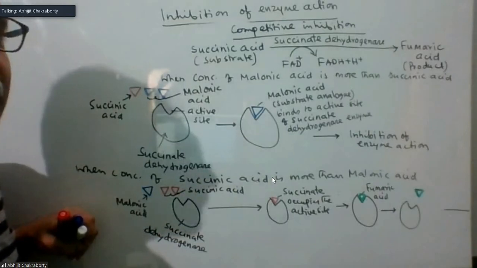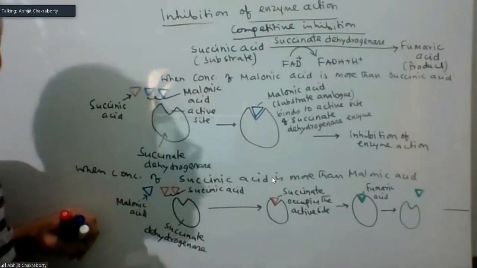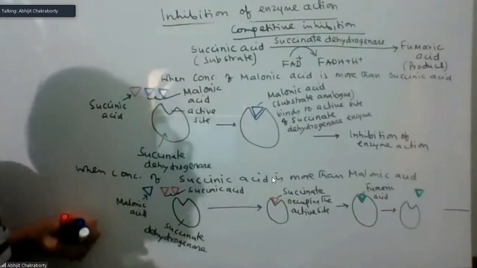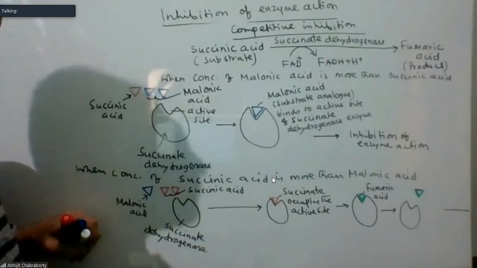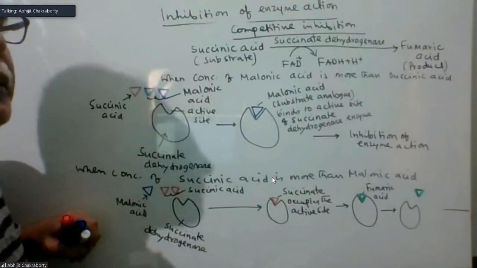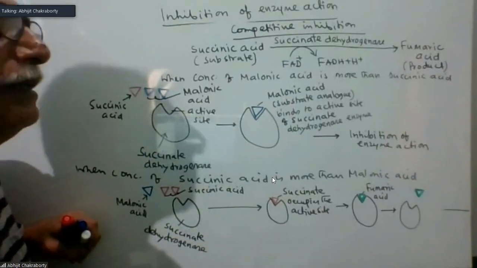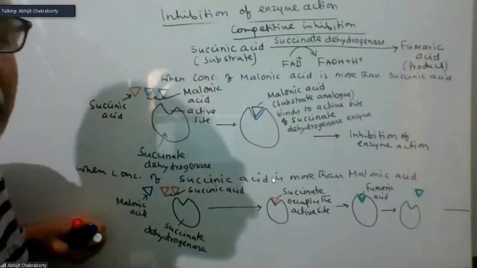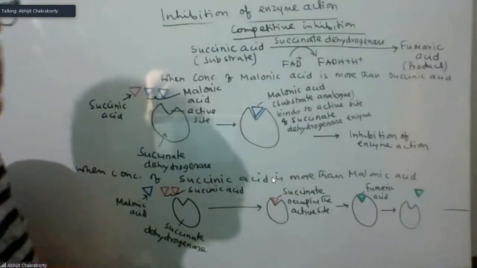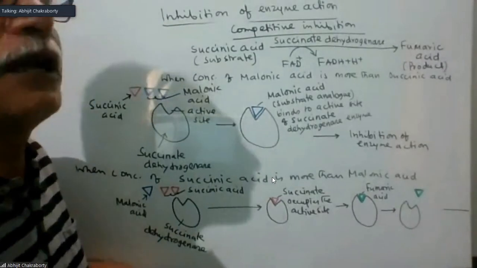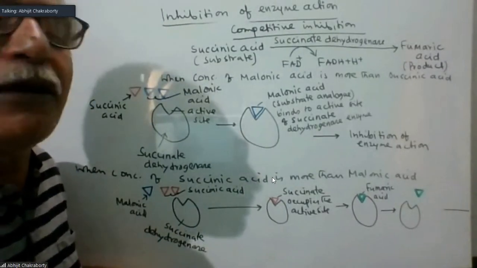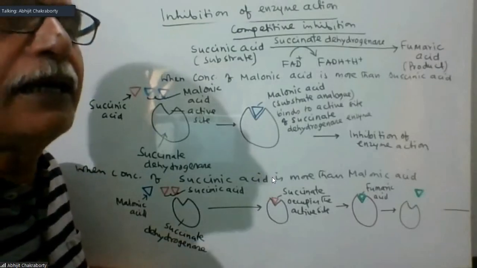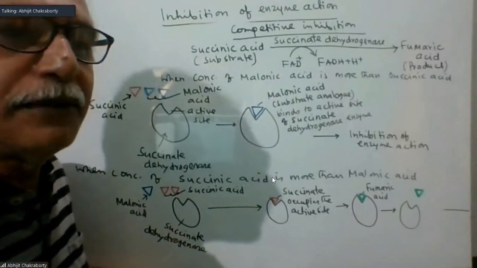That means in competitive inhibition, if enzyme activity is to be continued, then more substrates are required to be added, in order to prevent malonic acid, the substrate analog, from occupying the active site of the enzyme.